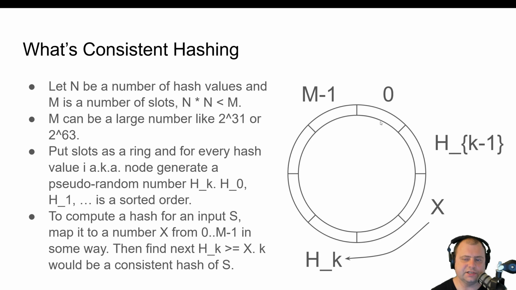And there is one edge case: if it's between h n minus 1 and h0, then we can go over the boundary between m minus 1 and 0. But basically we find the next item on the circle in clockwise order compared to x. Like here, for example, we go from x, find hk, and k is our consistent hash of s.